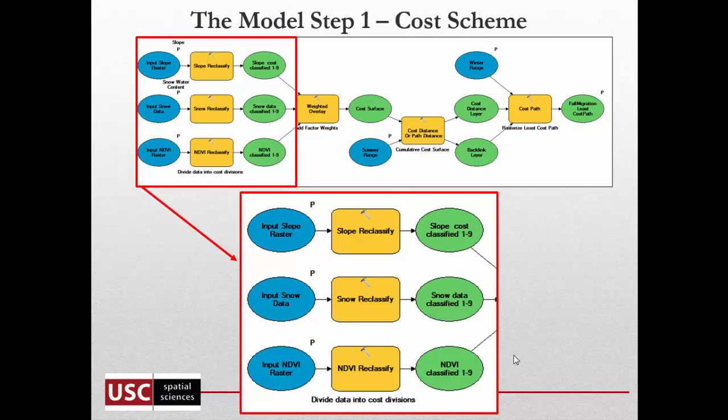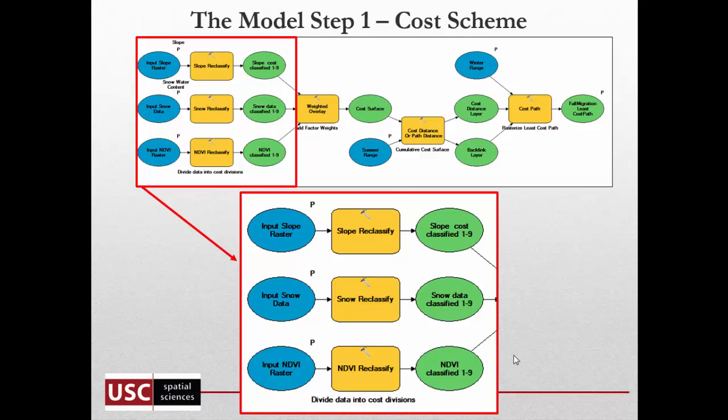So the first step is a reclassification. It's the implementation of your cost scheme. This section of the model reclassifies the raw data into a 1 to 9 scale. This is a critical step because it translates slope data, for instance, into a relative travel cost.